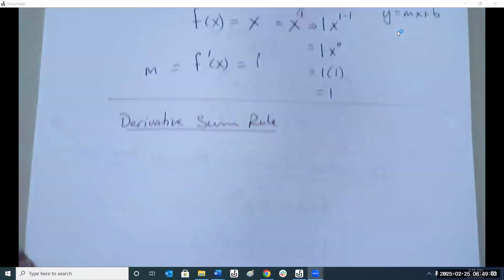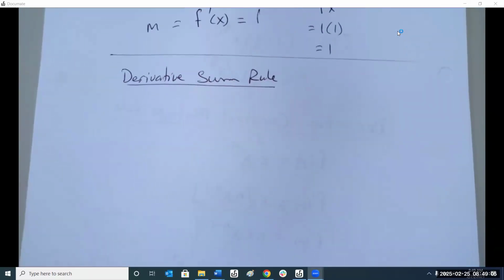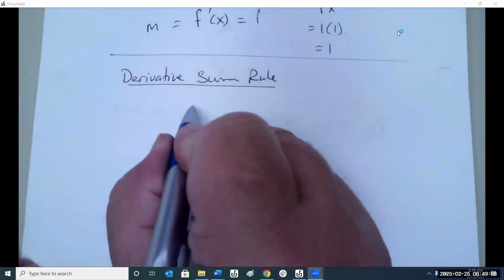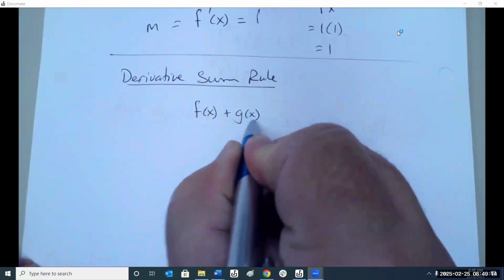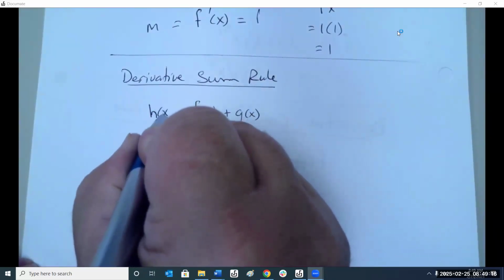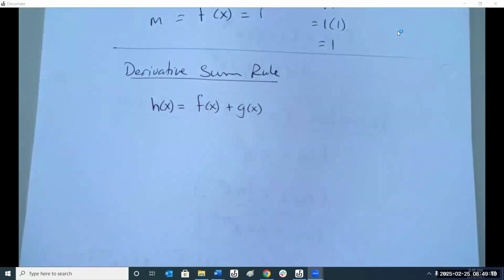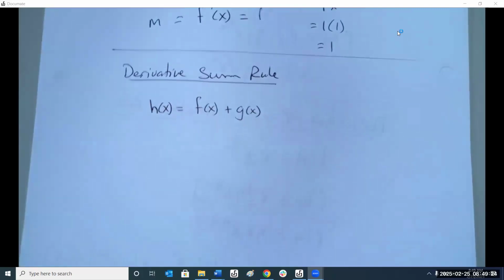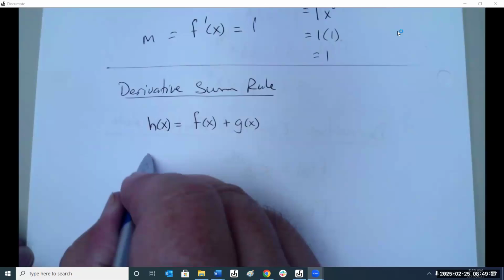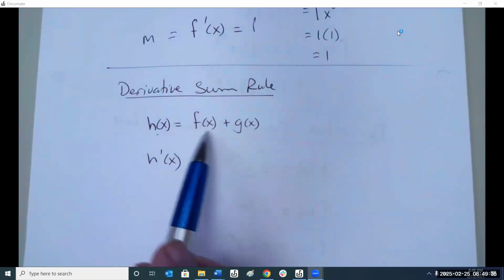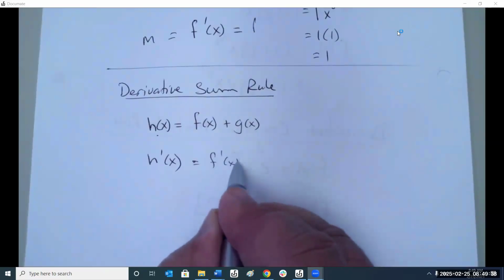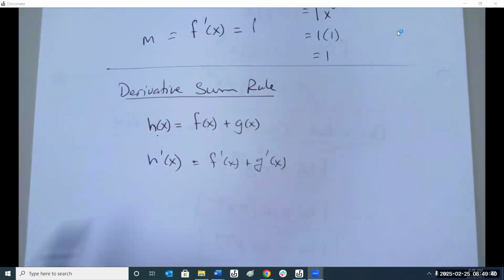The derivative sum rule. Let's say h of x is equal to f plus g. It's a combination of two functions. What this says is, if I take the derivative of h of x, what that really means is I take the derivative of each of these separately.